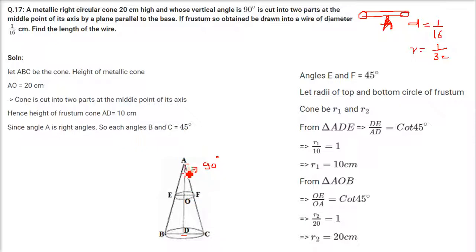So from here to here, it is 10. Why? Because this is cut, the height is 20 total, and it is cut in between. So this is 10 and this is also 10. So now I'm using this triangle. See this triangle. This is 45 degree because it is 90 degree, half will be 45 degree. So tan 45 will be what?